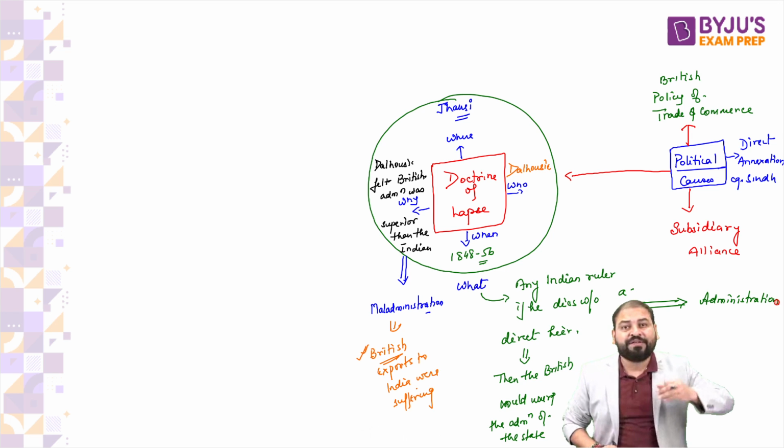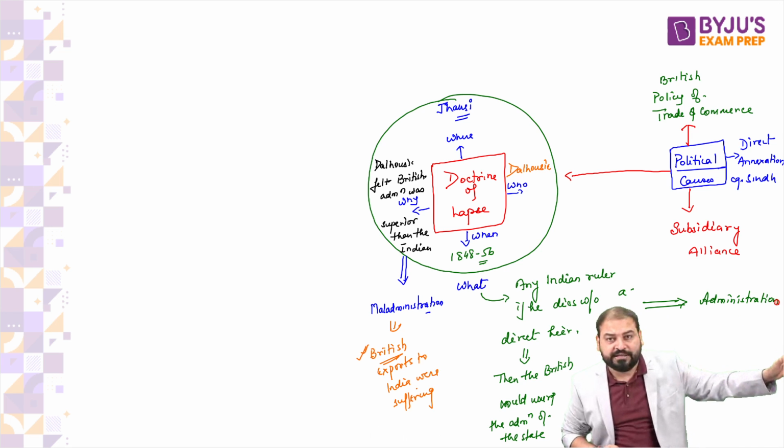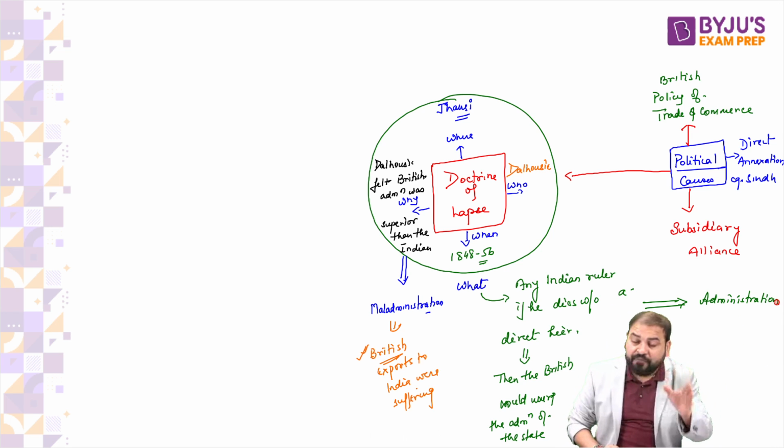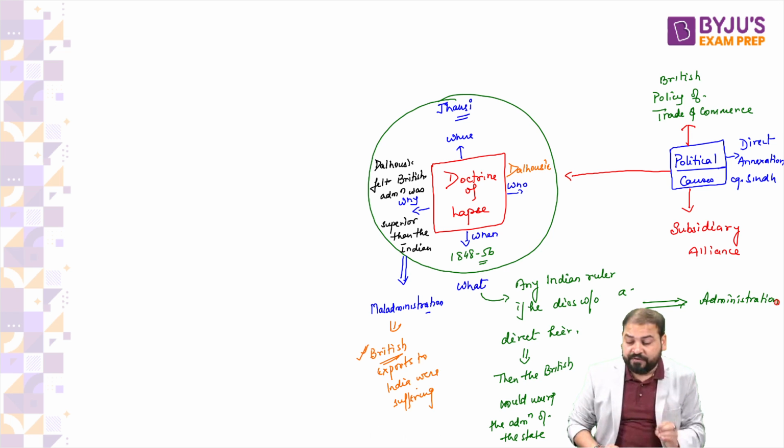So if there is jewelry or some money, that all will remain with Rani, but her power to rule over the state is no longer there. Everyone, am I clear with what exactly this doctrine of lapse is?